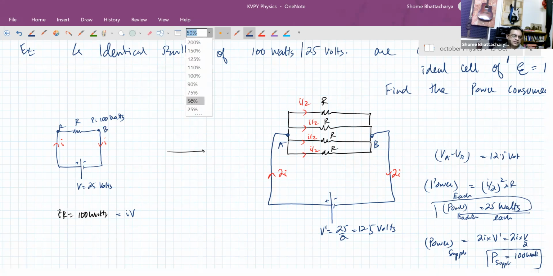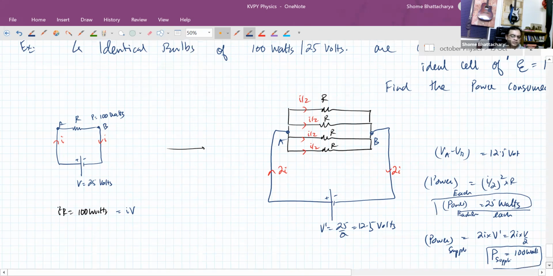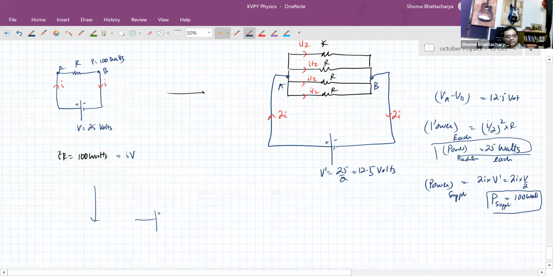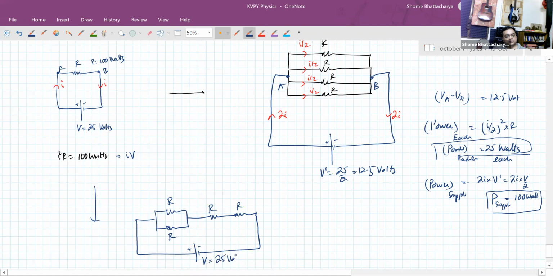But let's see a different example. Suppose I take these 4 bulbs and now they are connected in this way. I connect them like this now. And this time, let's say I use the same voltage of 25 volts.